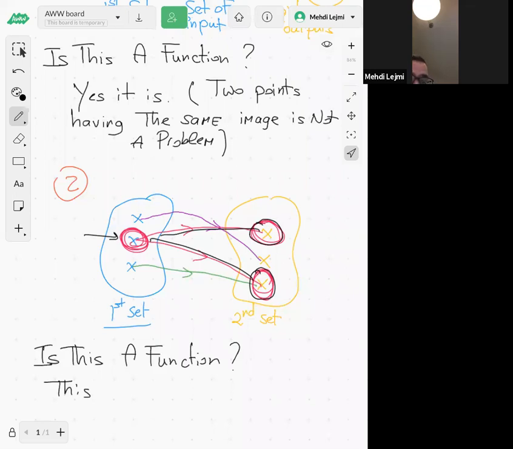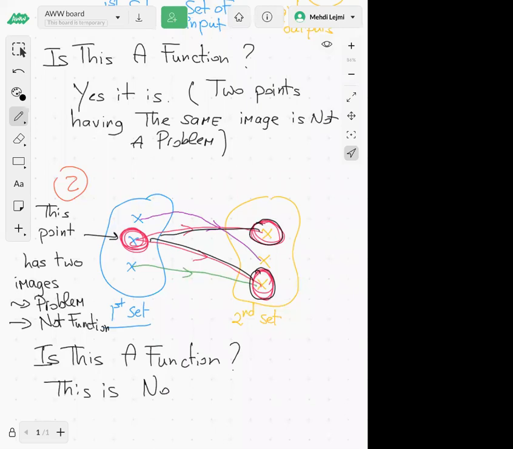So this point has 2 images, or 2 outputs, and that will be a problem. So it's not a function.